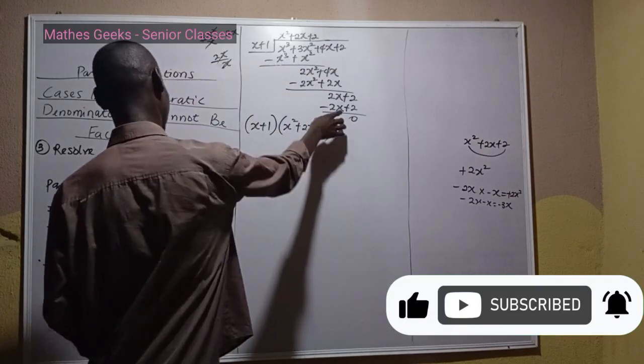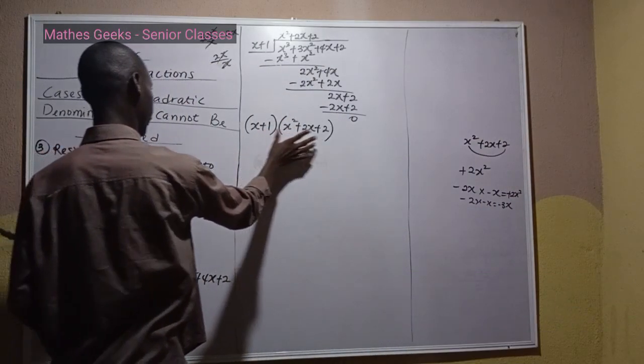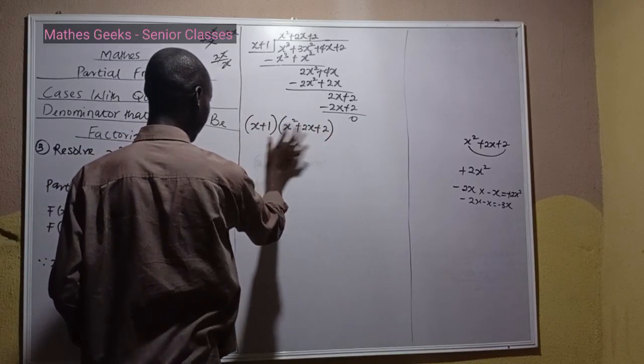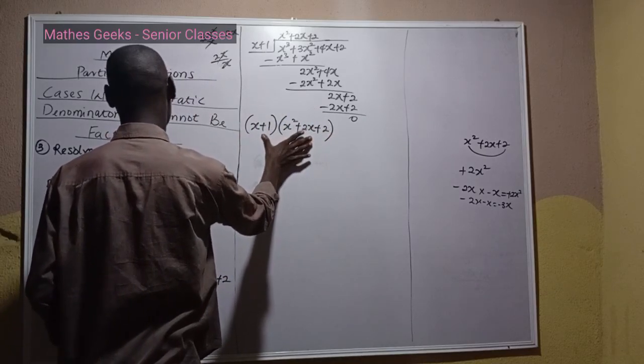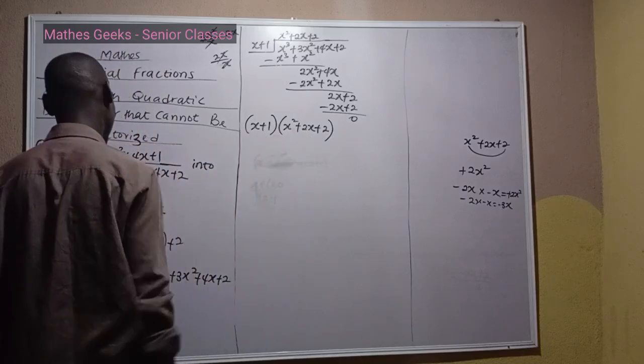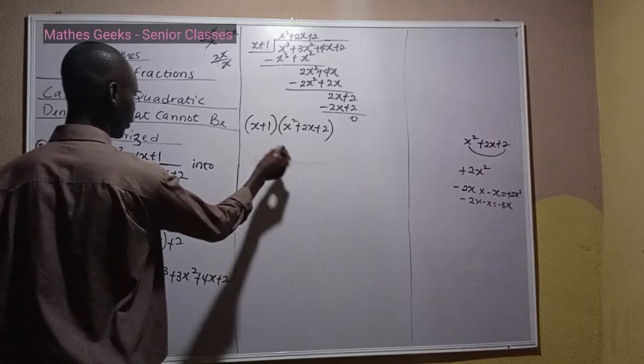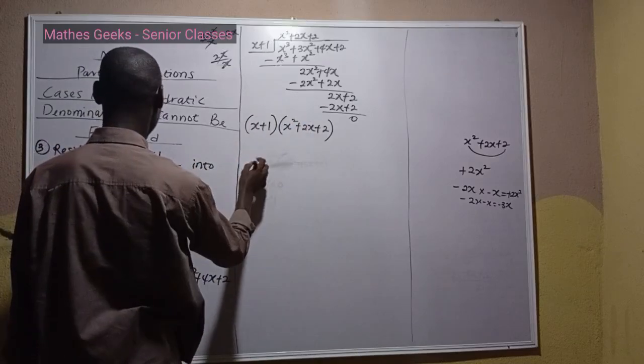So since it cannot be factorized into factors, automatically these two become the factors of this expression. So this means our expression here is now in this form.